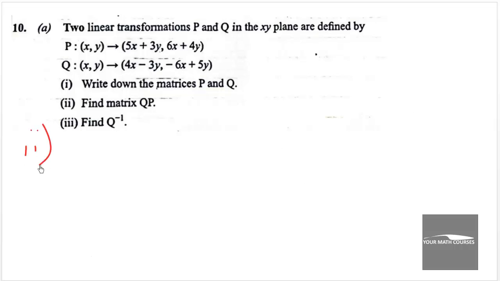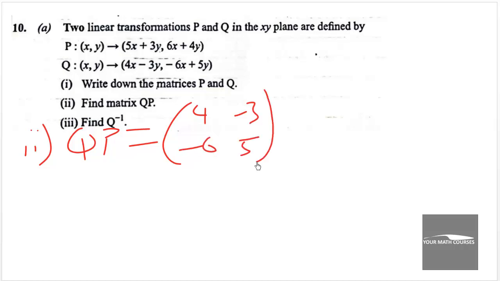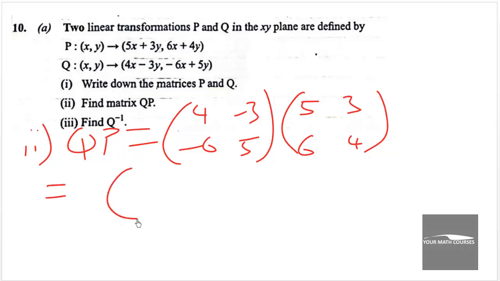So matrix QP will be equal to [4, -3; -6, 5] times [5, 3; 6, 4]. So this will be equal to 4 times 5, added to -3 times 6.